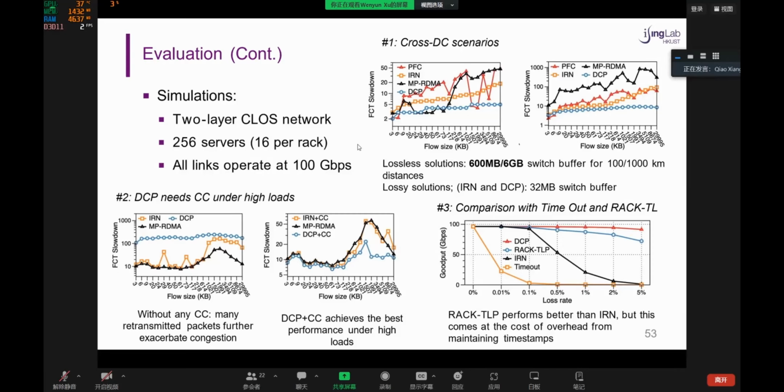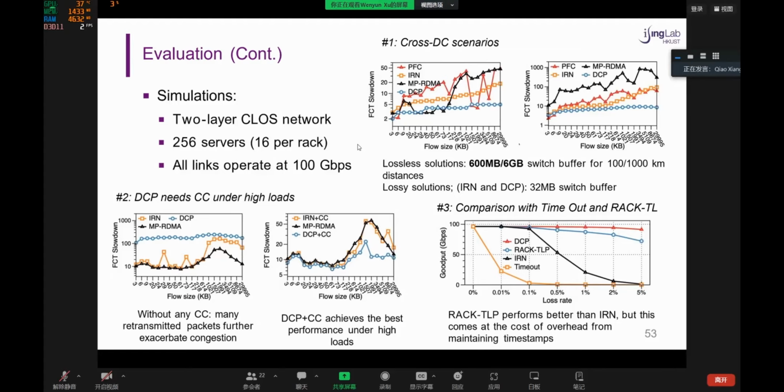I assume the left one is for 100 kilometers and the right one is for 1000 kilometers, right? The top two figures. So with longer distance, the performance of the other three solutions gets much worse. But we can observe that for the design of DCP, the slowdown rate is relatively stable, less than 10, I think.